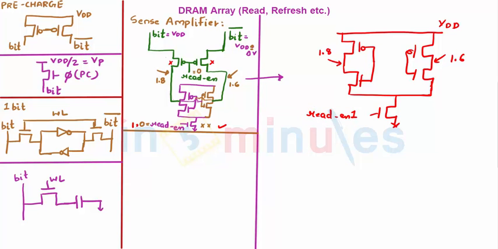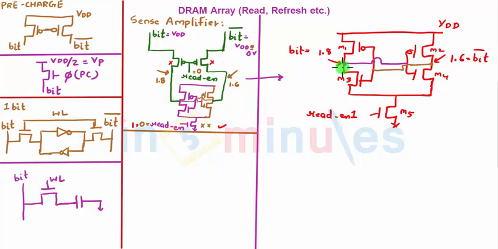The 1.8 output of this is going to the input of this guy, and the output of this is going as an input to this guy. So let's quickly name all the transistors: M1, M2, M3, M4 and M5. This 1.8 is coming from bit and this 1.6 is coming from bit bar.